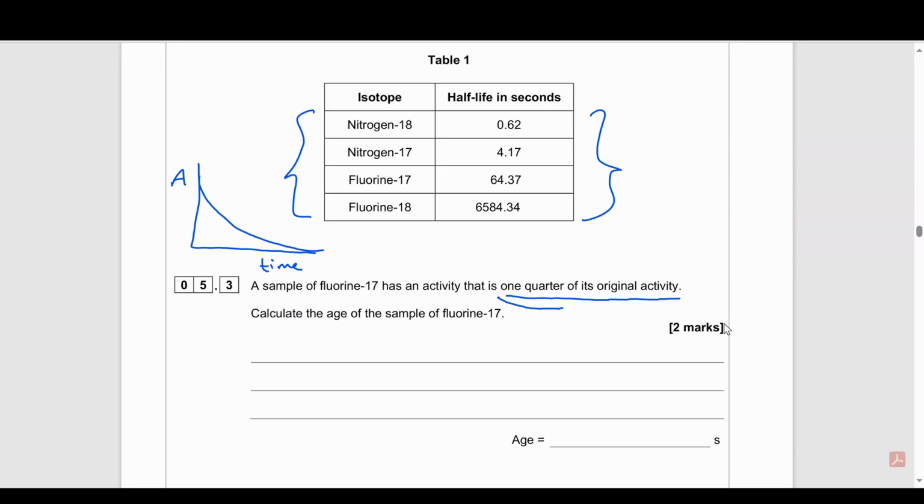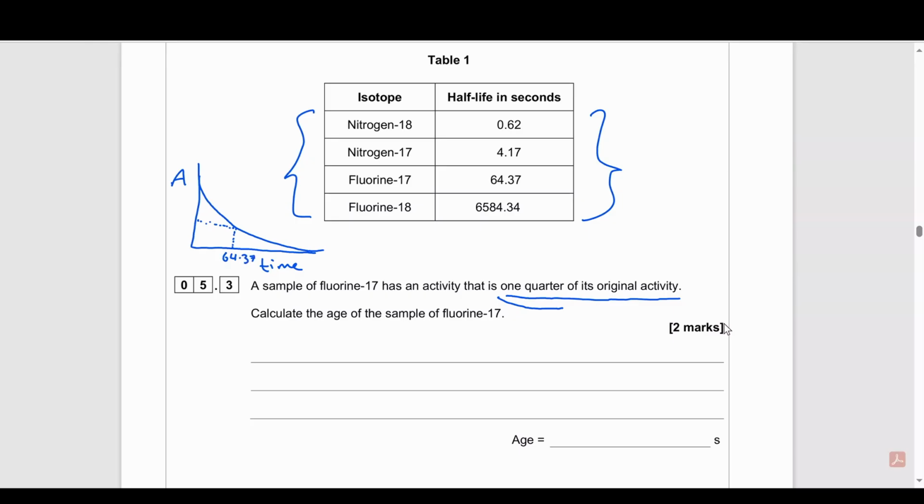So what the table is telling us is that the time it takes for the radioactive nuclei in fluorine-17 to halve would be 64.37 seconds. So we could put that there, and that would be the half-life.